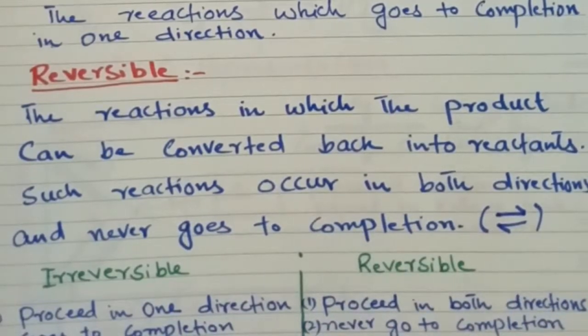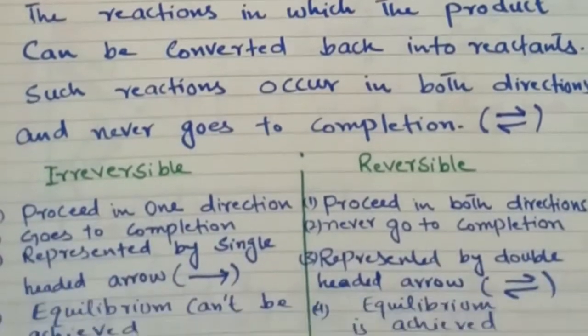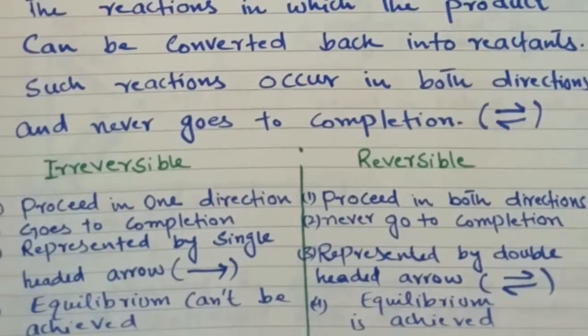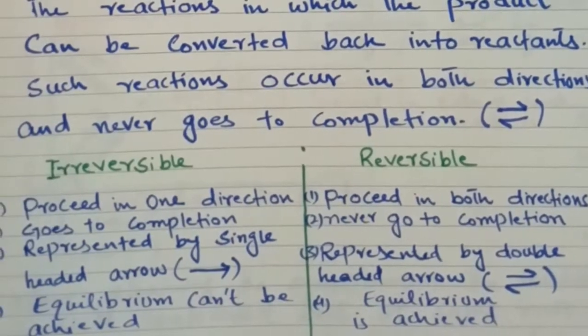If we write it as a comparison, an irreversible reaction proceeds in one direction while a reversible reaction proceeds in both directions. An irreversible reaction goes to completion, but a reversible reaction cannot go to completion. It is always moving in both directions at the same rate, so it doesn't go to completion.